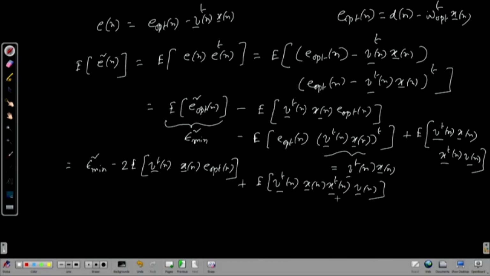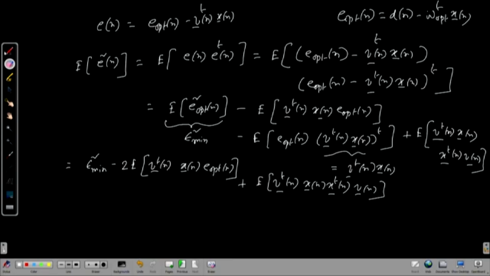Now, to analyze further, we make an assumption. We make a more generalized version of what we obtained earlier, the independence assumption. In the LMS analysis, we assumed that the current filter weight vector W n is statistically independent of the current data vector x n, and the motivation was made clear at that time. We will just extend it here.